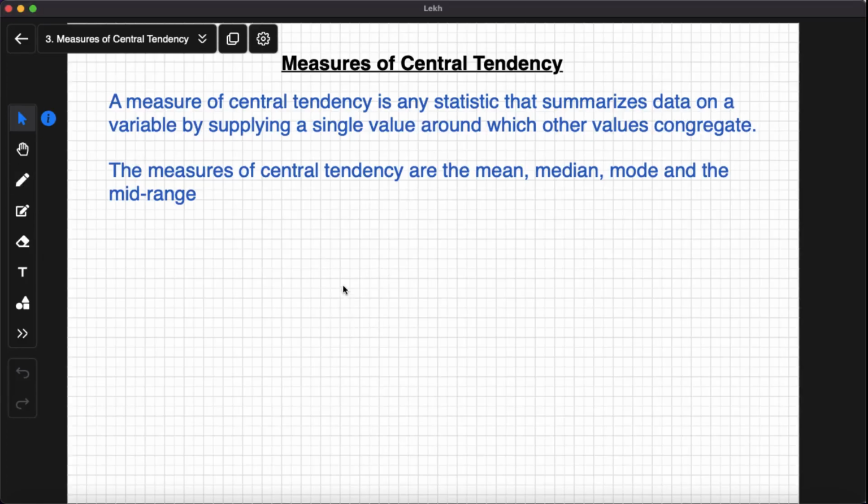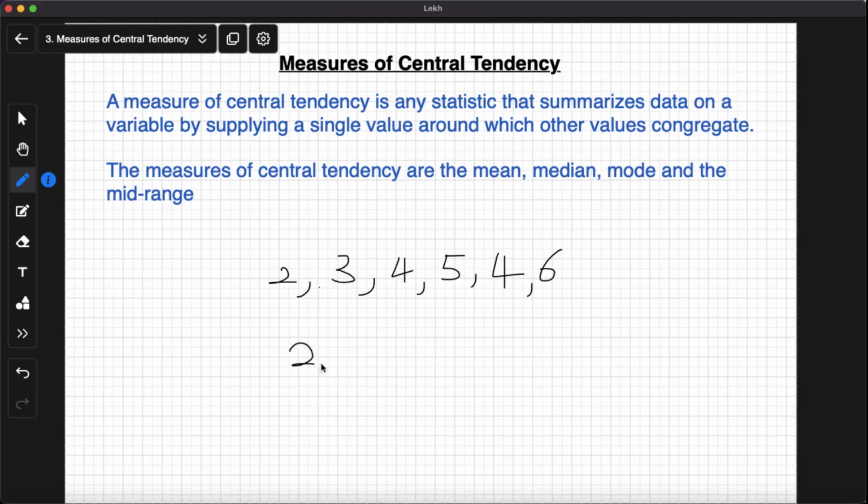When you have your data, for instance, maybe your data has something like 3, 2, 3, 4, and then another 4. Let's assume you have it this way, and then you rearrange, it becomes 2, 3, 4, and then we have 4 again, then 5, and then 6.